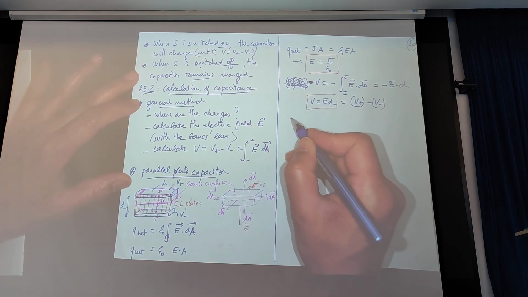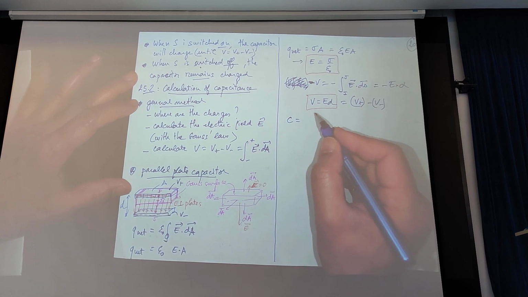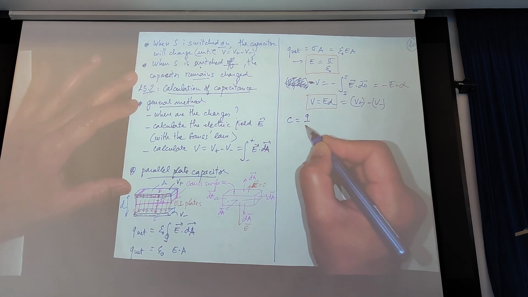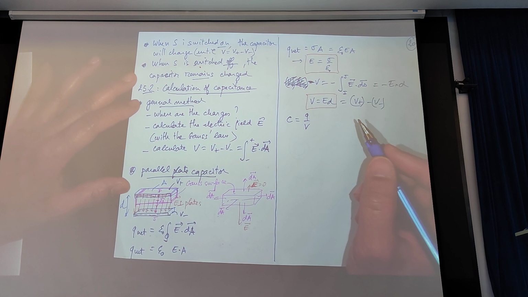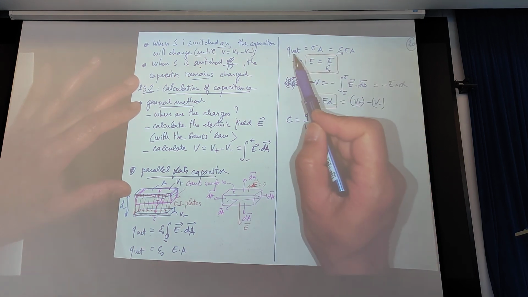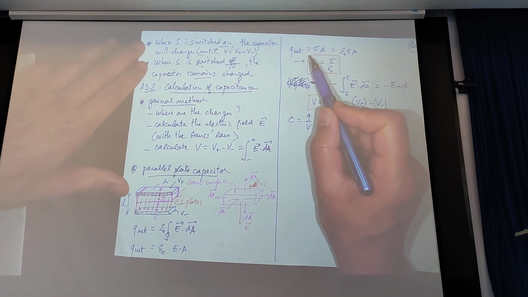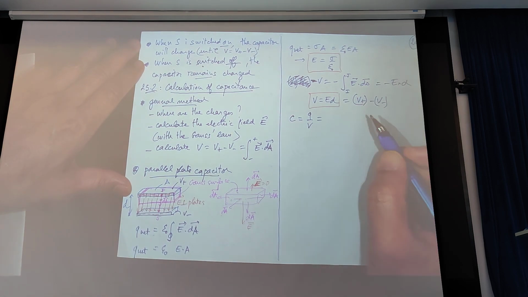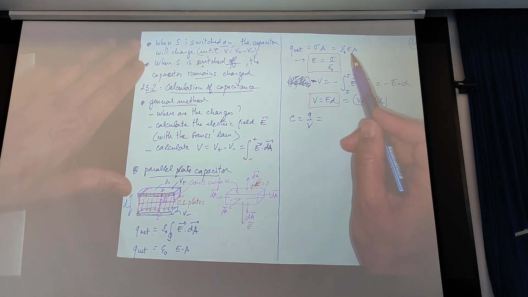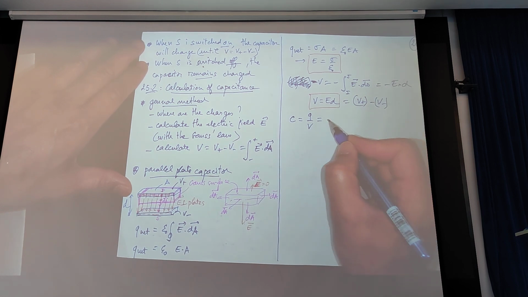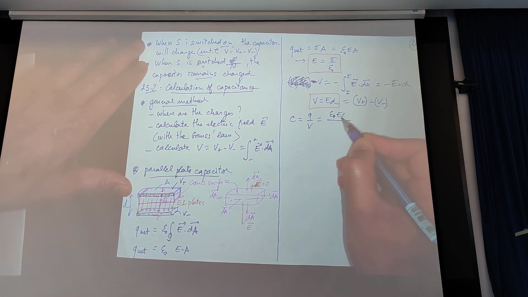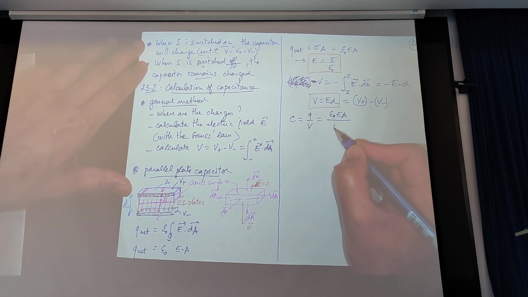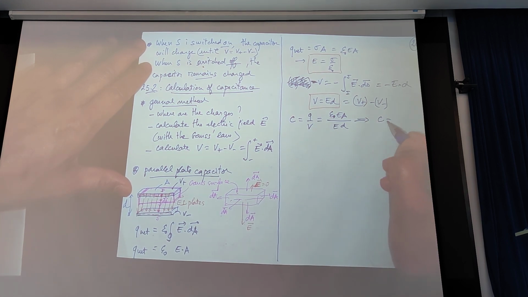So at the end, the capacitance is equal to Q over V. From here you can see that Q is epsilon 0 E A, divided by V, which is equal to Ed. And at the end we have just epsilon 0 A over d.